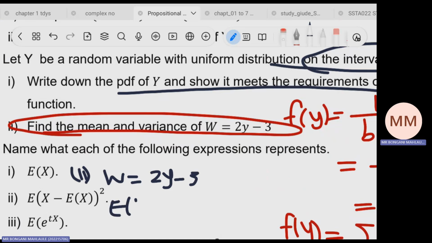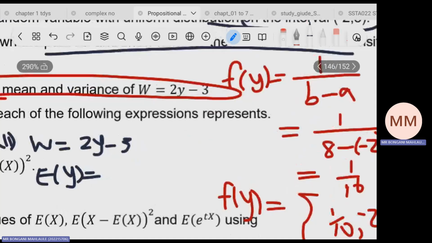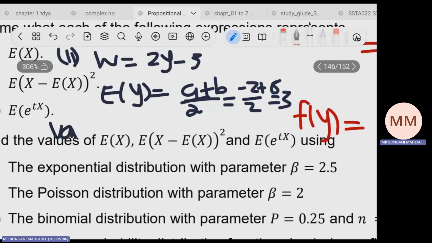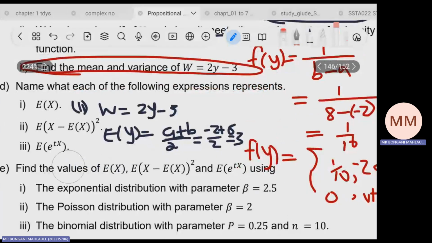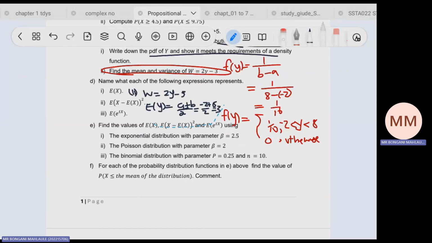So the expected value of Y will be a plus b divided by 2. You just find the average. Then you do negative 2 plus 8 over 2, and you'll get 3. Then the variance of Y. So in order to get the variance, you'll use this formula. So I think I must just write these things here.